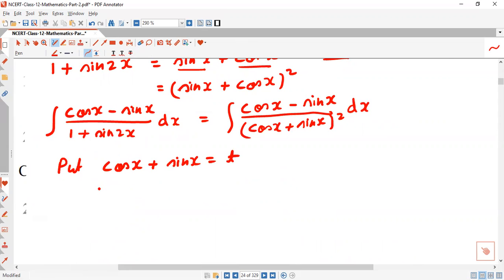Then we get minus sin x plus cos x dx equal to dt.